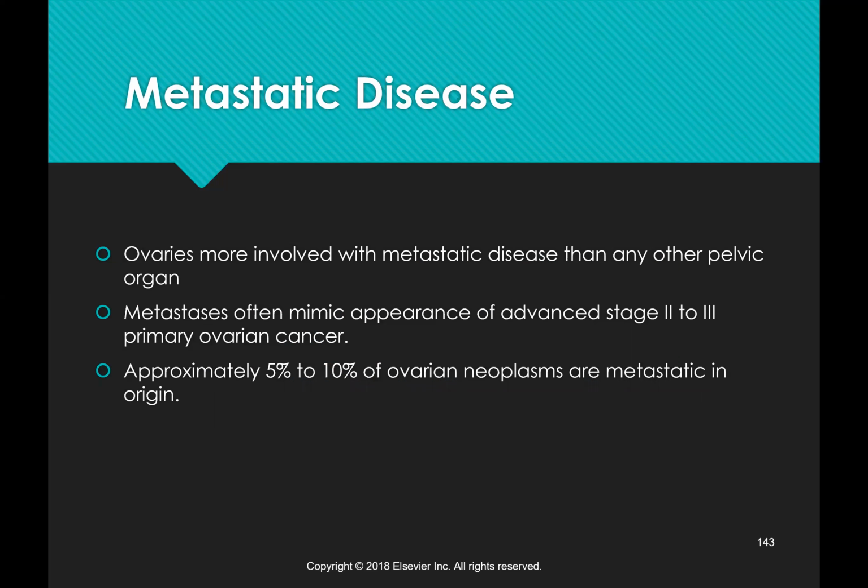Okay, last thing I want to talk to you about is metastatic disease. Ovaries are more involved with metastatic disease than any other pelvic organ. So if a patient has some other form of cancer, it seems like they like to drop some malignancy over in the ovaries.